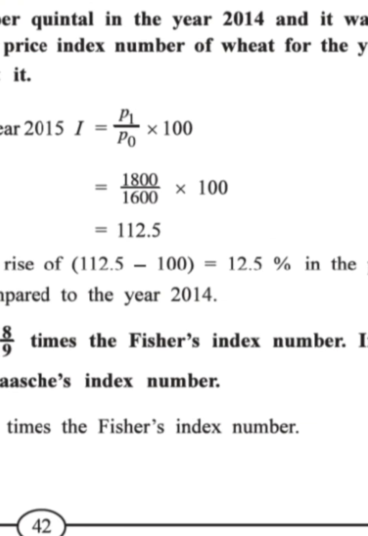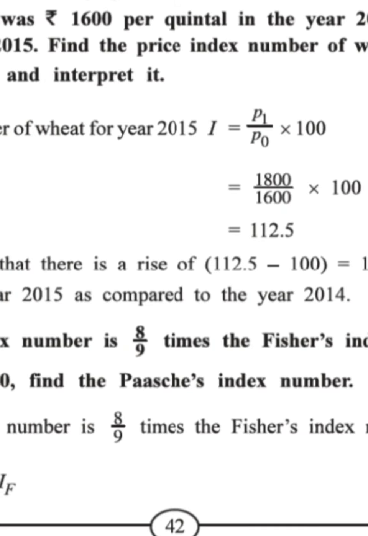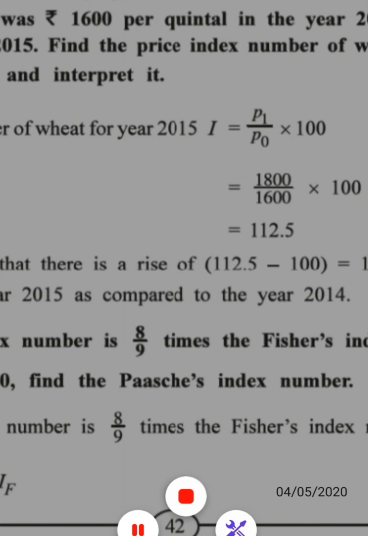So how much of a rise is there? In the current year there is a 12.5% increase in the price of wheat per quintal in comparison to the base year, that is 2014. So that one is our first sum.